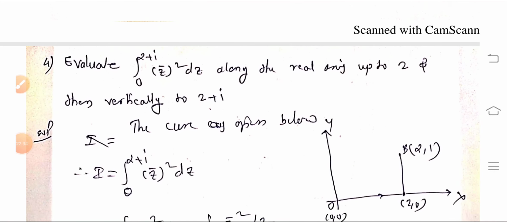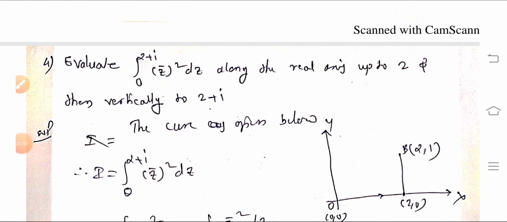So the next example: evaluate the integral from 0 to 2 plus i of z bar square dz along the real axis up to 2 and then vertically to 2 plus i. So here the given curve is as shown below.